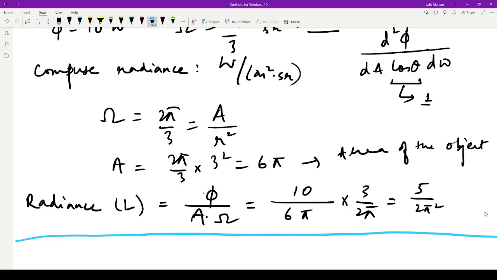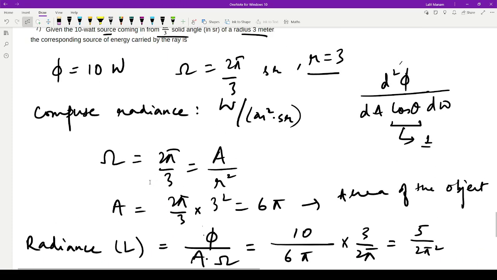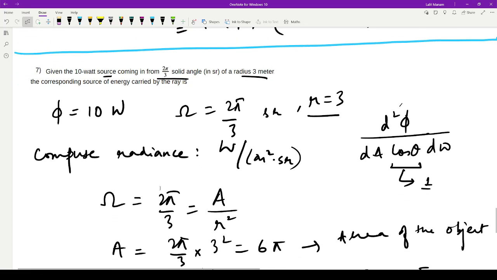Sir, how did you calculate the area? Since we know the solid angle subtended, the solid angle is given as the area subtended upon the square of the distance between the object and the source. The radius 3 meters here implies the distance between the object and the source, so we can compute with this formula.